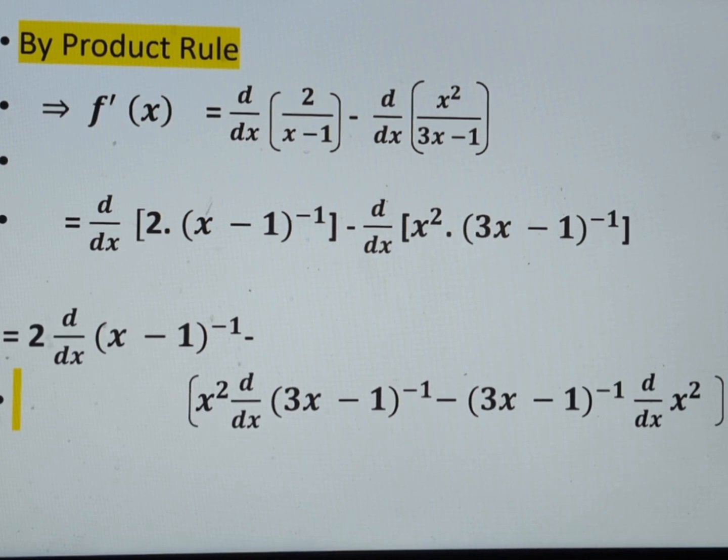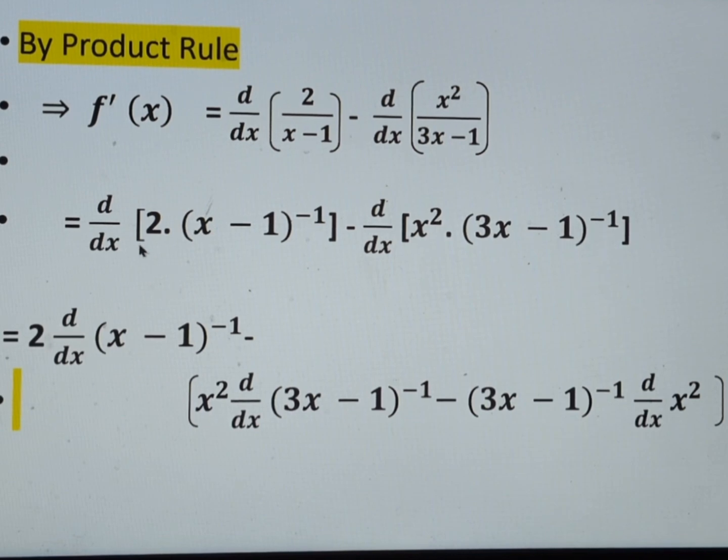So by the product rule, f dash x is equal to derivative of 2 over x minus 1 minus derivative of x square over 3x minus 1. Taking the terms in the denominator to the numerator, this can be written as derivative of 2 into (x minus 1) raised to power minus 1 minus derivative of x square into (3x minus 1) raised to power minus 1.